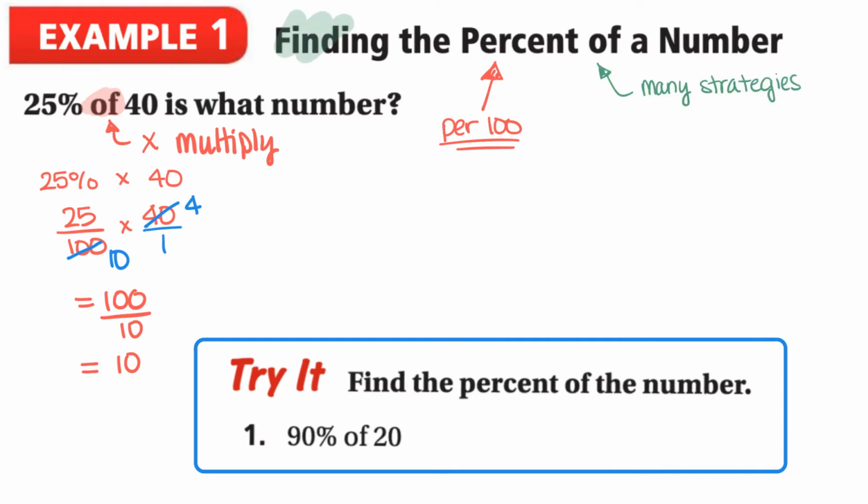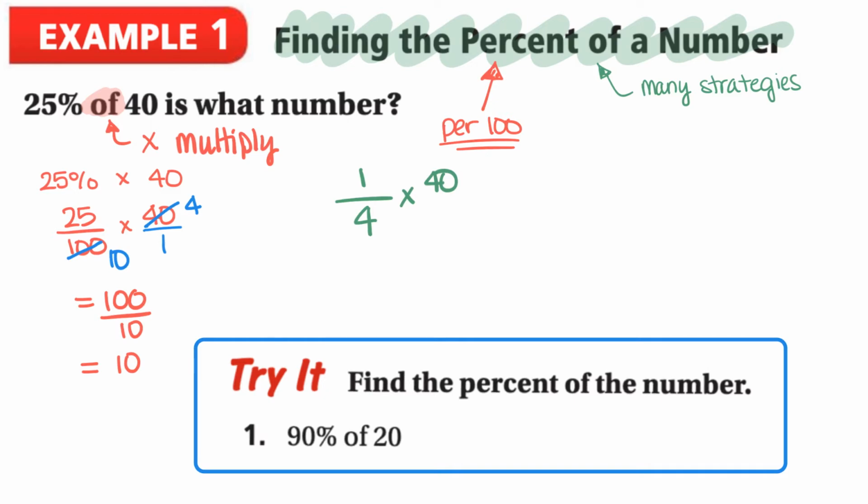Now there are multiple strategies for us to use so that we can solve the percentages of an amount. Another strategy we can use is bar modeling. So we know from this problem we have 25 over 100 times 40. And some of us can quickly see that 25 over 100 is also equal to 1/4. So what we do have is 1/4 times 40.